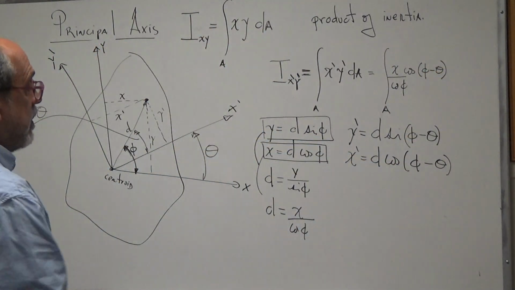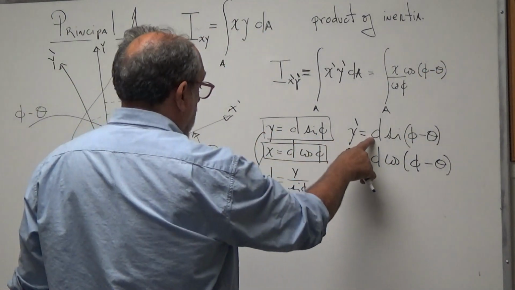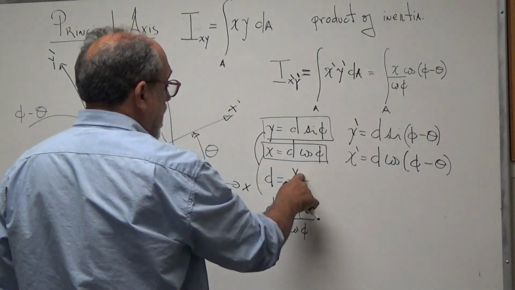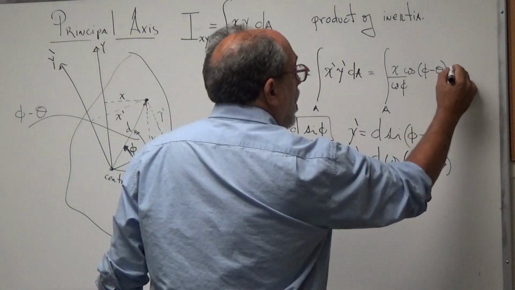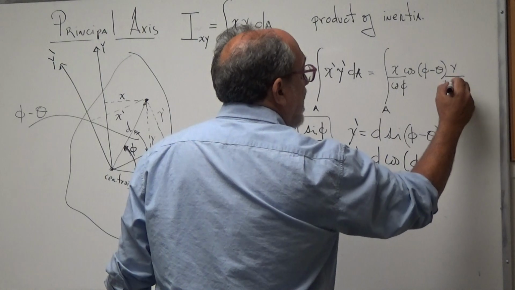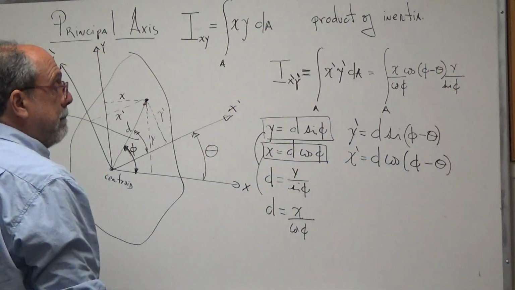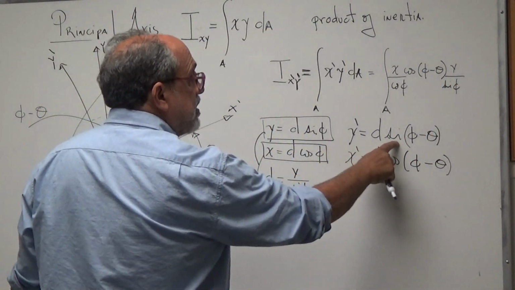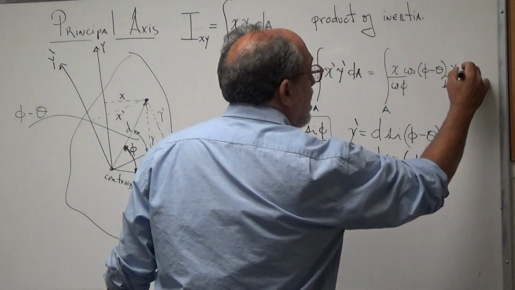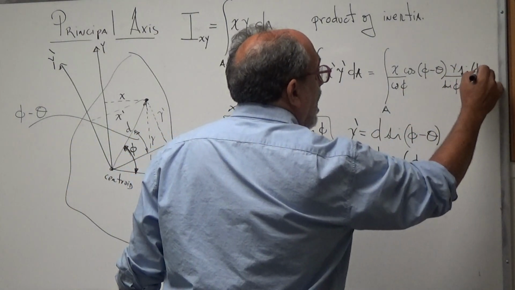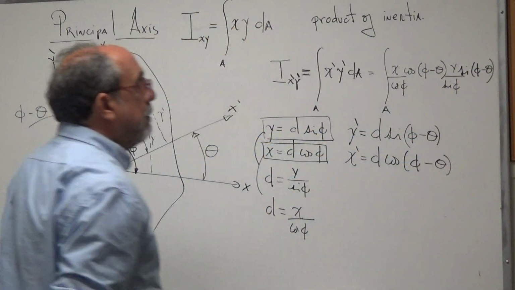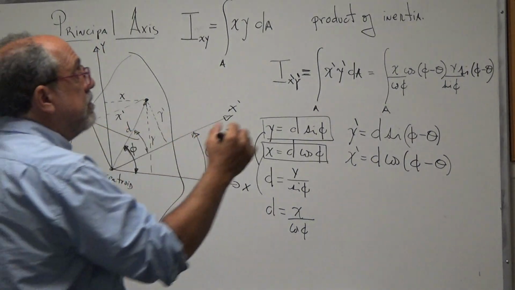That was x prime. Now let's write y prime. So y prime is d, but instead of d, I'm going to write y over the sine of phi, and then times the sine of phi minus theta, and then dA, right?